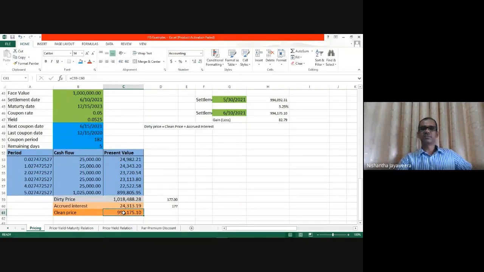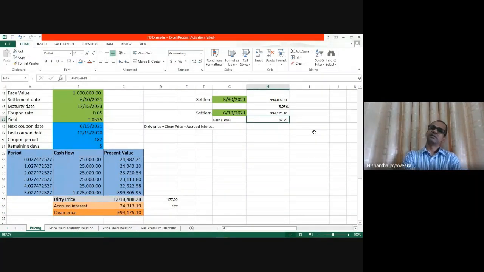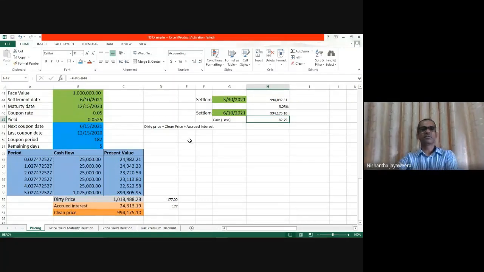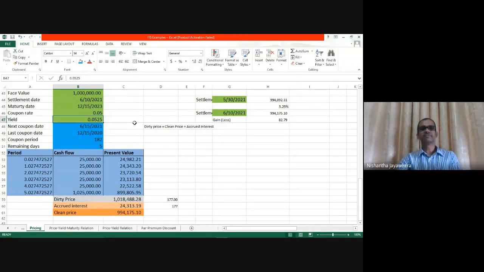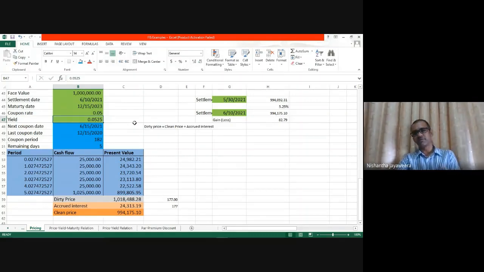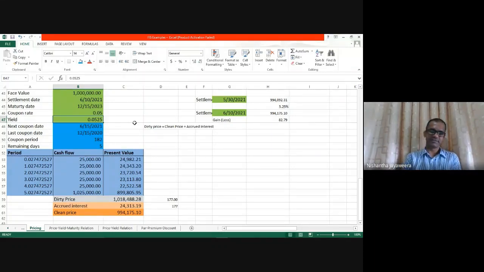So the clean price, you earn 82.79. But still, remember, we didn't change the yield. Even though the yield remains the same, you make a capital gain. Why? If the yield remains unchanged, there shouldn't be any price change.